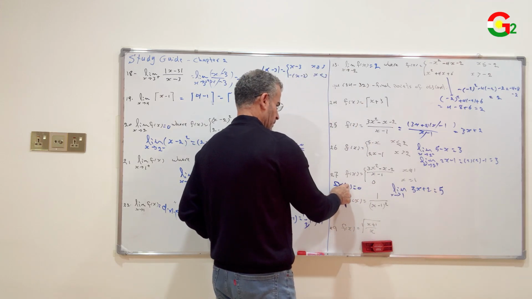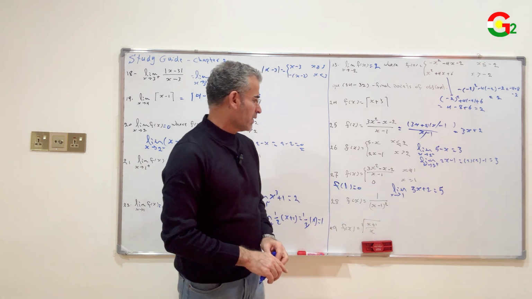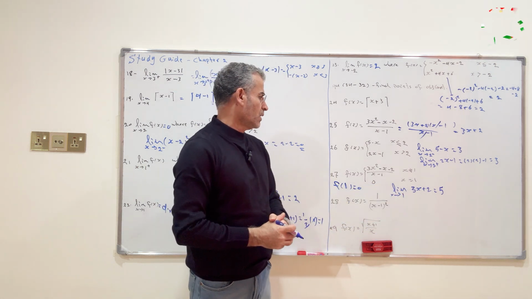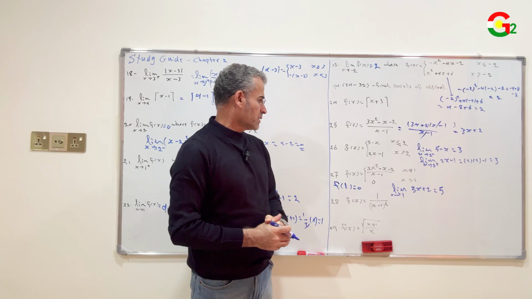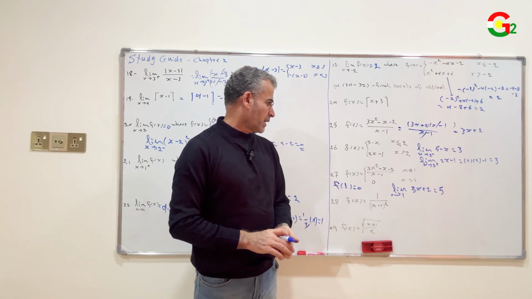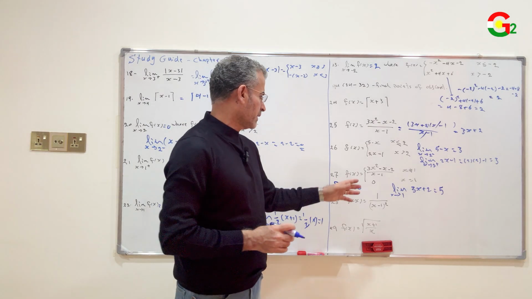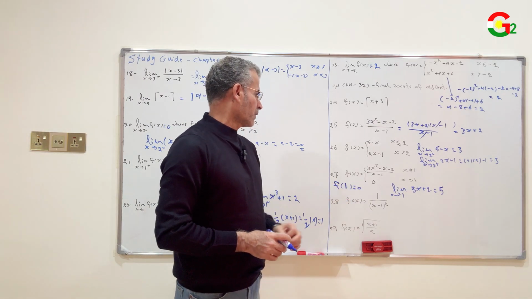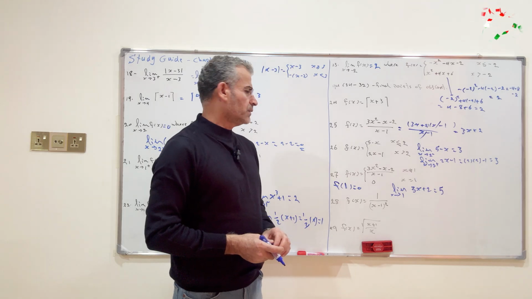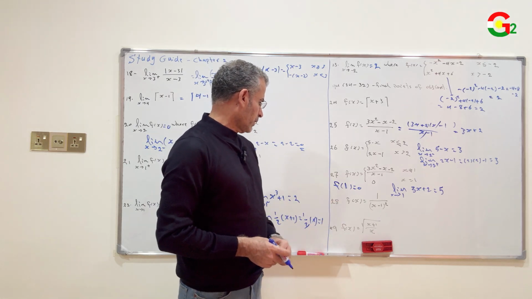Since the value of the function is not equal to the limit of the function, this function is discontinuous at x equal 1. And since the limit exists, the discontinuity is removable.